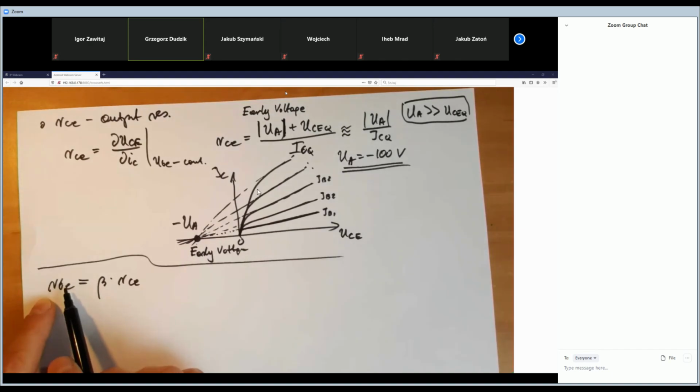However, that is only the calculations. In real, you have to know that the RBE is around 5 to 10 times higher than beta times RCE, because this is just the calculations. That's the real value. It could be around 10 times higher than this. So it is mega ohms.